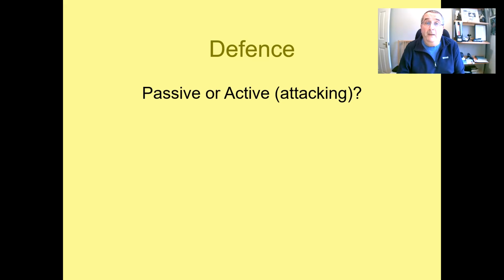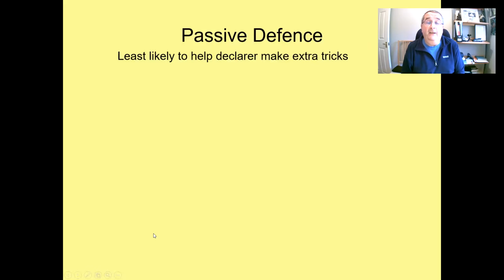So what we mean is that often in a defensive situation, you need to decide whether to play passively or actively. And what that means is passive play is leads that are playing cards that are least likely to help declarer make any extra tricks.